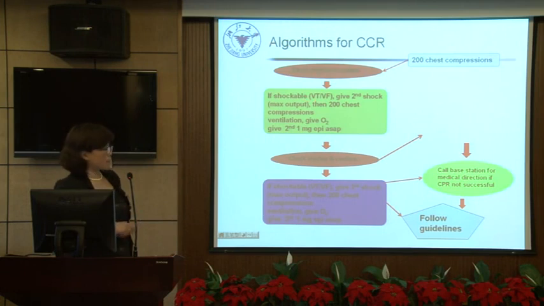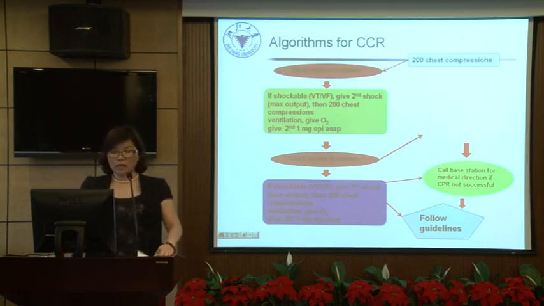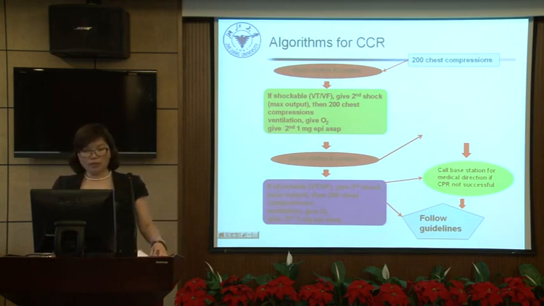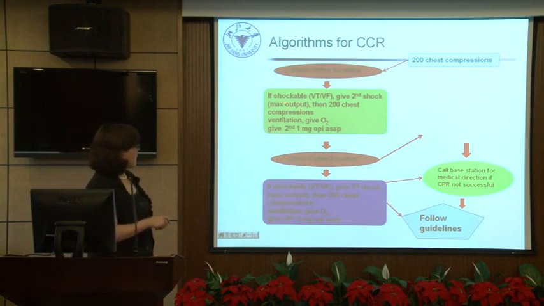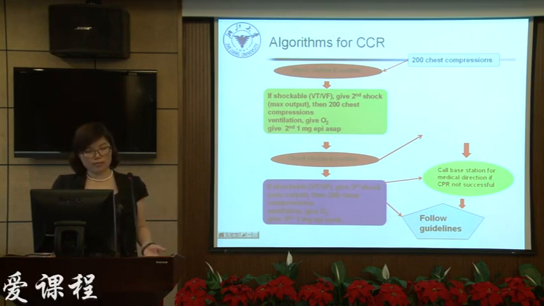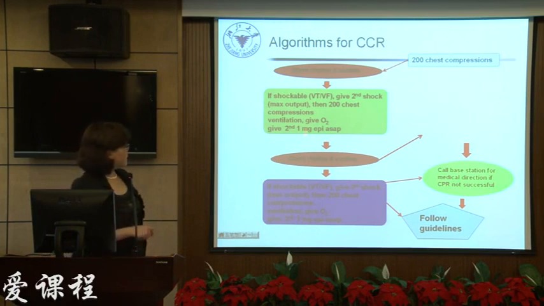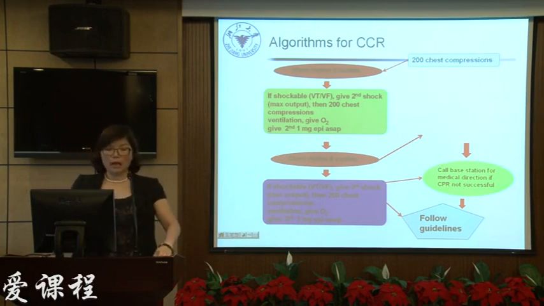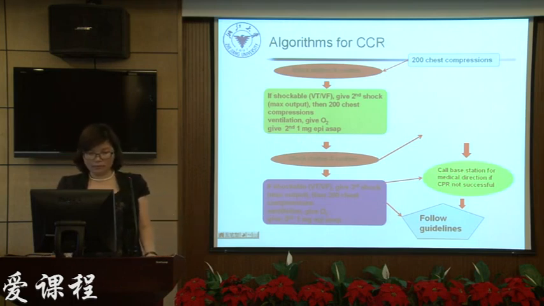If shockable, for example if the rhythm is ventricular tachycardia or ventricular fibrillation, you give a second shock at maximum output, then continue 200 chest compressions and ventilations, give oxygenation, and give a second 1 milligram of epinephrine, and then check the rhythm again.